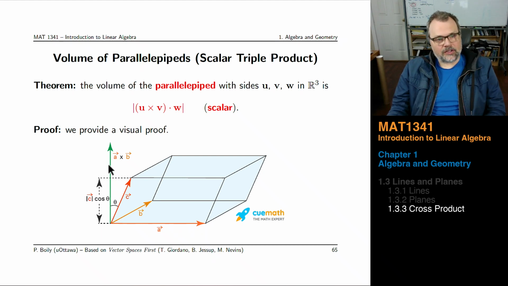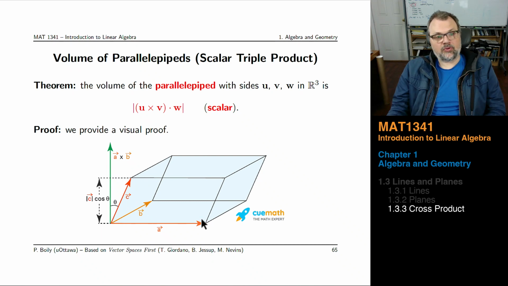But if there's 3 of them and they're not in the same plane, they will bound a parallelepiped, which is like sort of the 3-dimensional equivalent to the parallelogram. Well, the cross product of 2 of them, U and V, although here I call them A, B, C, the cross product of U and V, and then the inner product of that with W, which is C, and then you take the length of that scalar, that's the volume of the box.